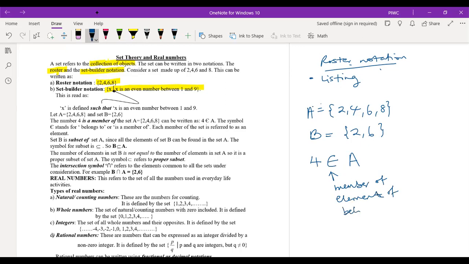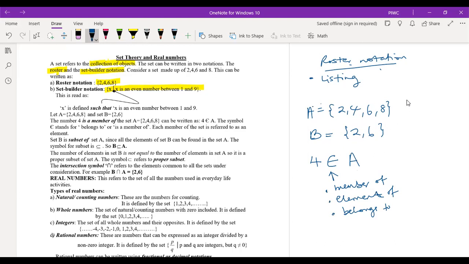Some people use the word belongs to. Okay, so these are different ways in which this symbol can be named. So 4 is a member of set A. 4 belongs to A, 4 is an element of set A.